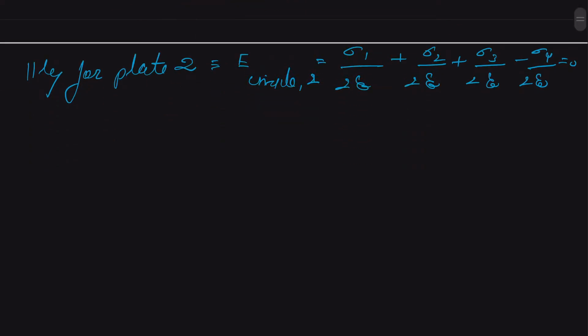And from here we can simply ignore this 2 epsilon naught, and it gives us sigma 1 plus sigma 2 plus sigma 3 minus sigma 4 is equal to 0.